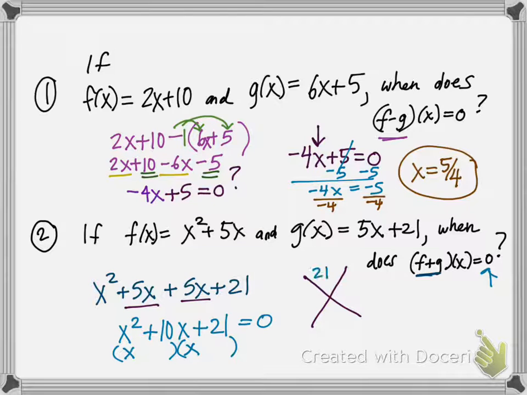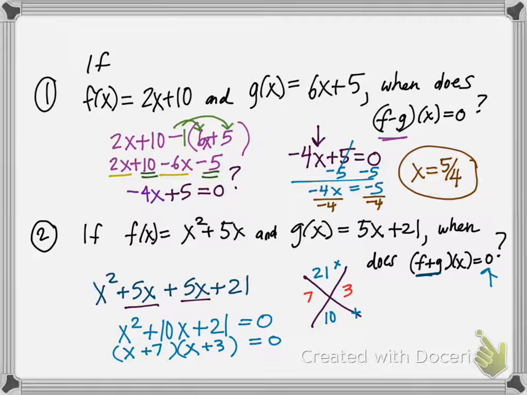So what multiplies to 21 and at the same time adds to 10? So the factor pair that multiplies to 21 and adds to 10 would be 7 and 3, because 7 times 3 is 21 and 7 plus 3 is 10. So my two factors would be x plus 7 and x plus 3.